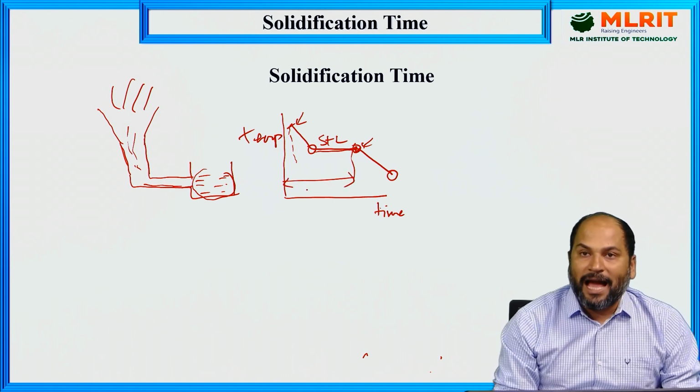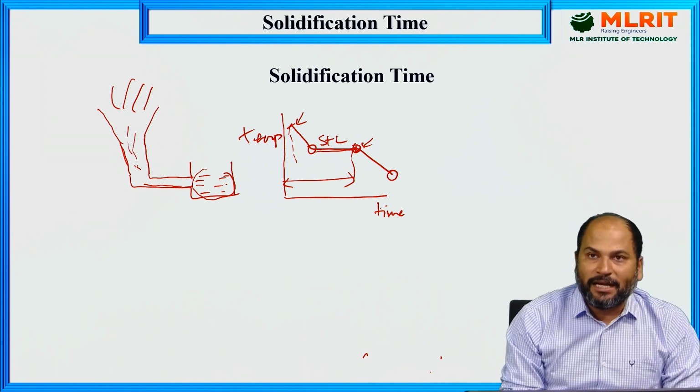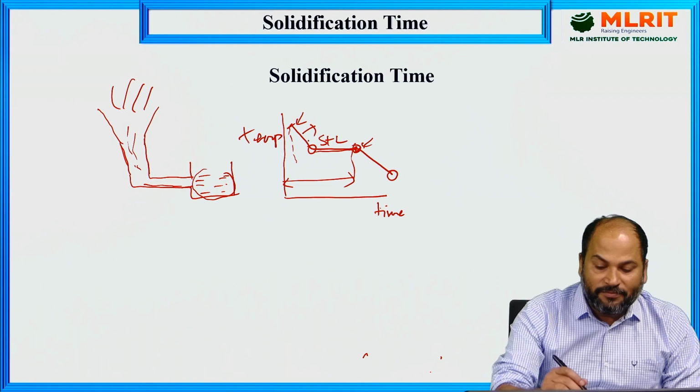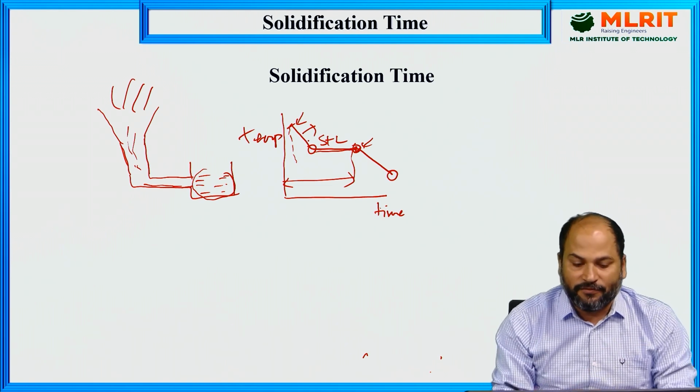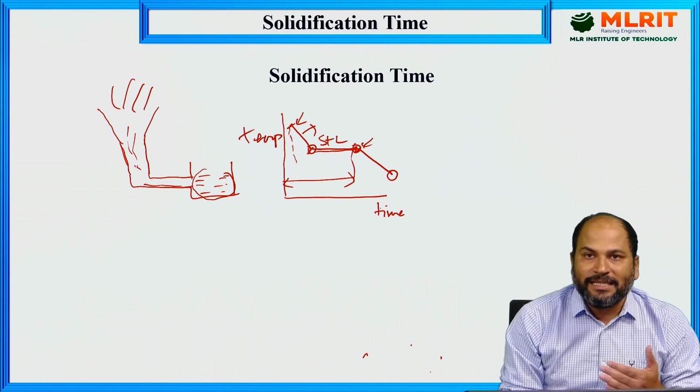If we have to calculate how much heat will be evolved or how much heat will be lost there, easily we can calculate. In this phase, as we know, temperature is changing from this pouring temperature to this freezing temperature. So we know how much heat will be evolved.